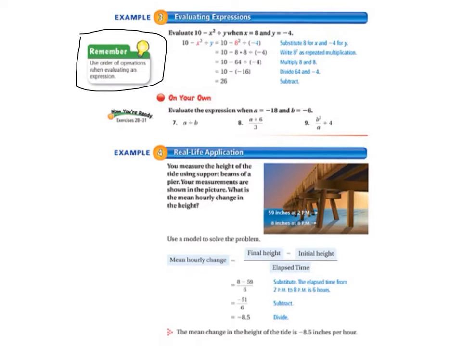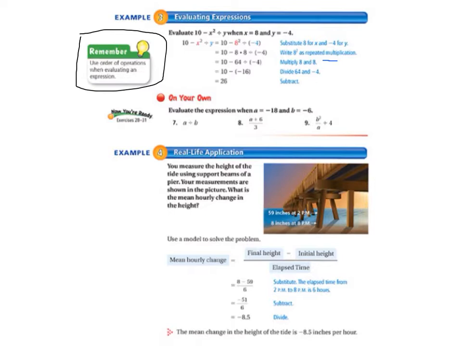So our second step is to write 8 squared as repeated multiplication. So 10 minus 8 times 8 divided by negative 4 is what that's going to look like when it's all written out. And then we're going to multiply 8 and 8. So when we write that out, it looks like 10 minus 64 divided by negative 4.